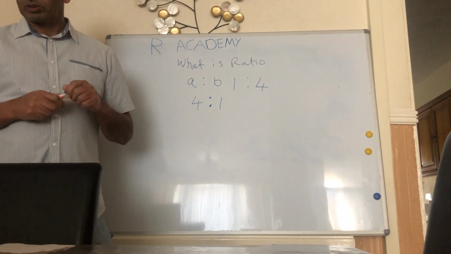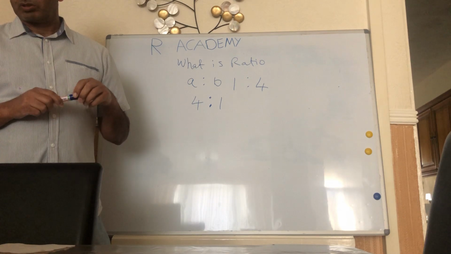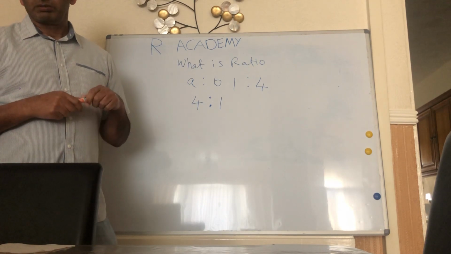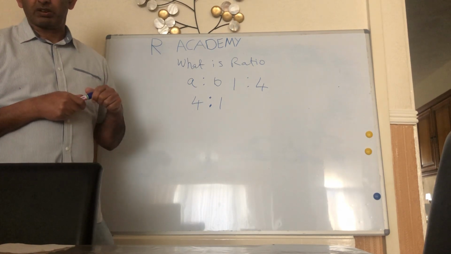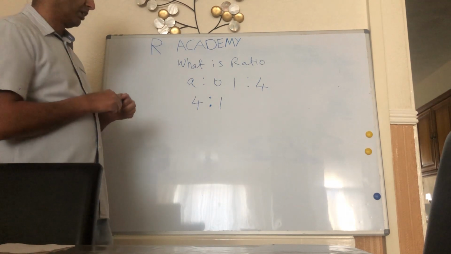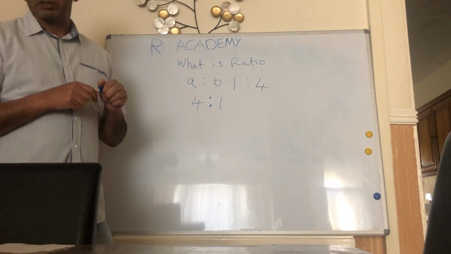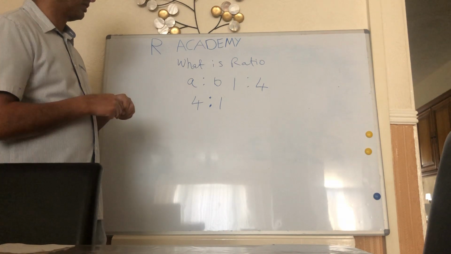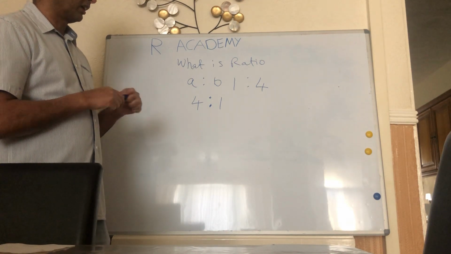It's very, very important that you keep the order in which it's written down, because changing the order would alter the consistency of what it is. I'll give you an example.